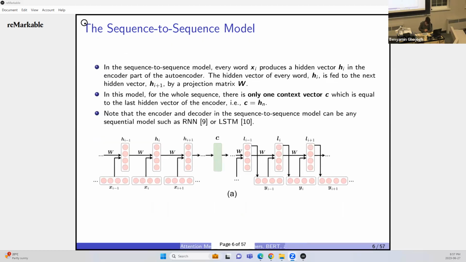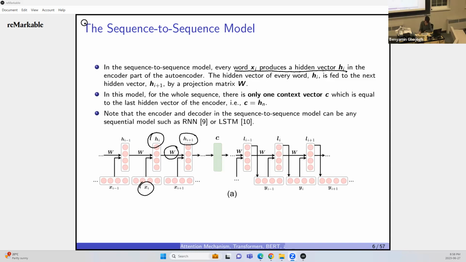In the sequence to sequence model, every word xi produces a hidden state hi. So xi gives me hi. And as I said, hi is fed, it becomes hi plus 1 through the matrix W by projection. And you can see matrix W as a linear layer, right?